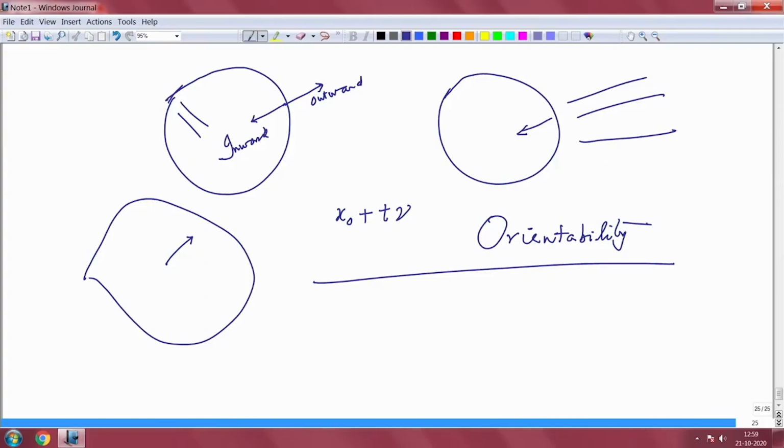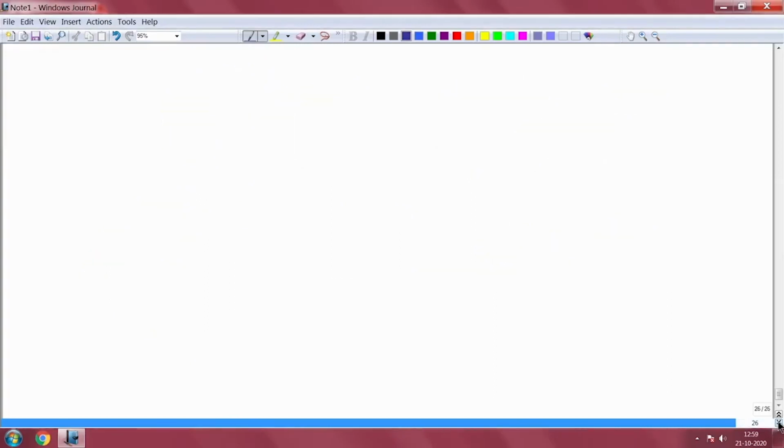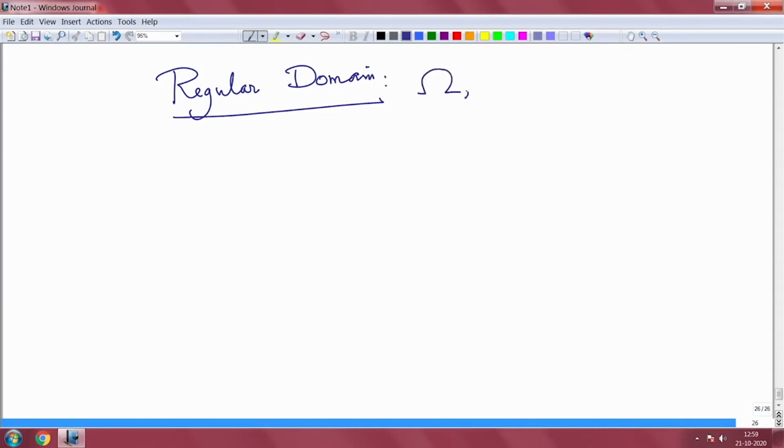So, as I said, since I do not have much time, I want to define a class of domains for which everything is fine, and that is what we call a regular domain. Let me not give a very precise definition. Given a domain omega, you have its boundary d omega.